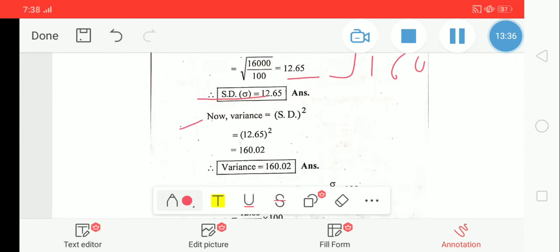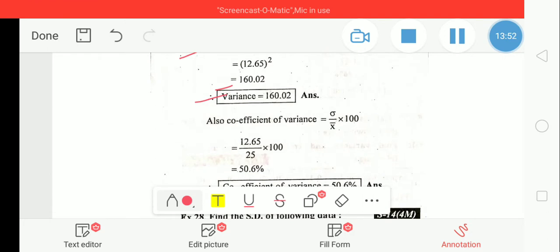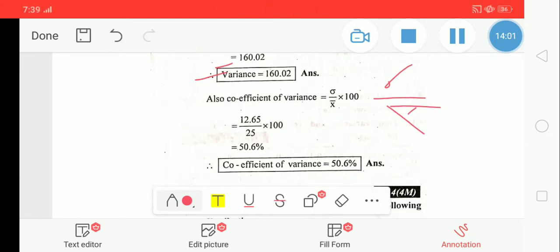Now, we know that variance is the standard deviation squared, so 12.65 squared is 160.02. The variance is 160.02. The coefficient of variance is sigma divided by x bar multiplied by 100, so 12.65 divided by 25 multiplied by 100 is 50.6%. The coefficient of variance is 50.6%.